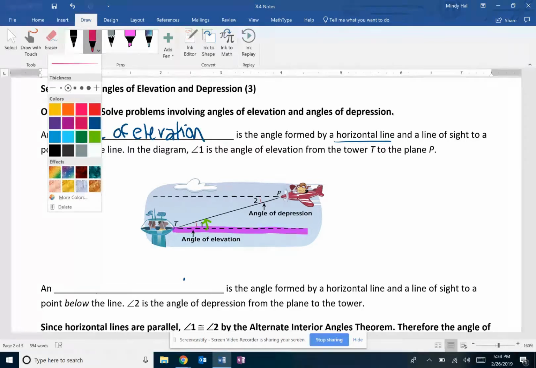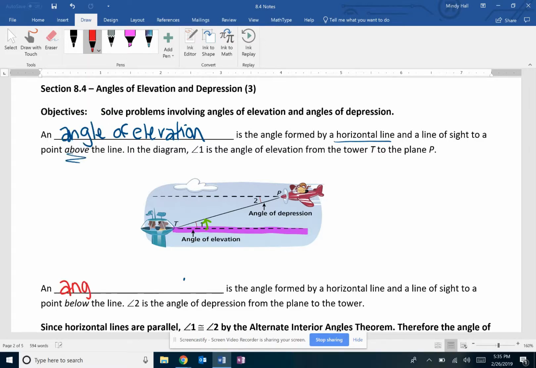Our other one that we have, actually let's do red, is an angle of depression. And it is the angle formed by a horizontal line and the line of sight to a point below the line. So in the picture, again, we have our horizontal line.